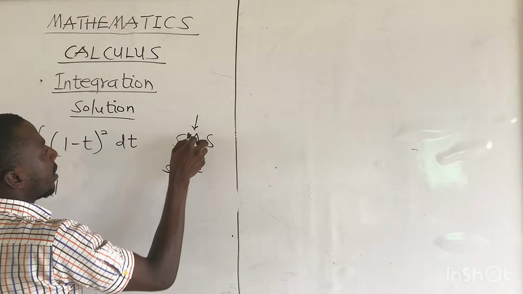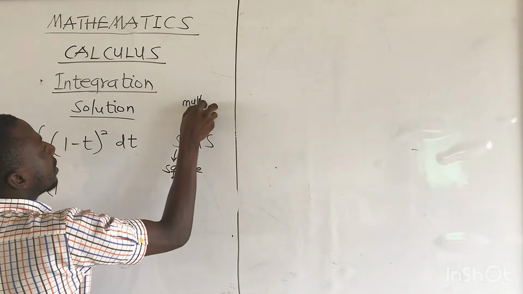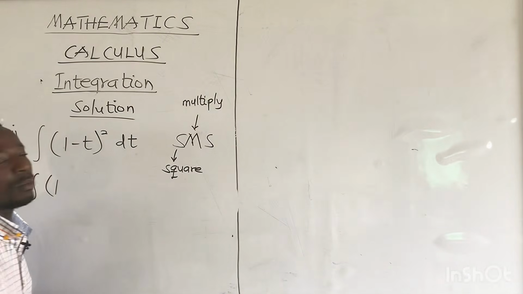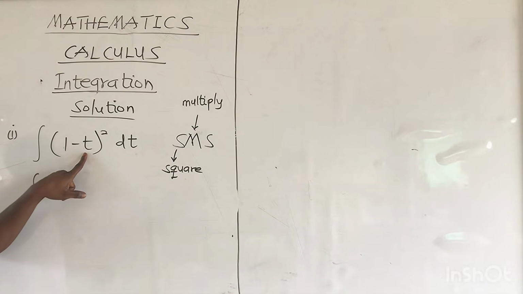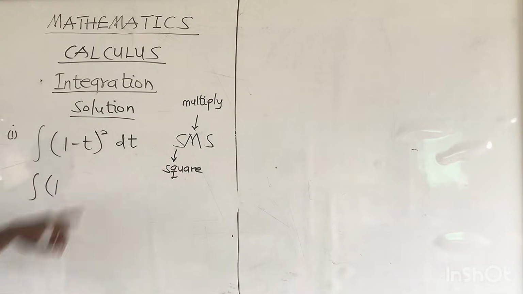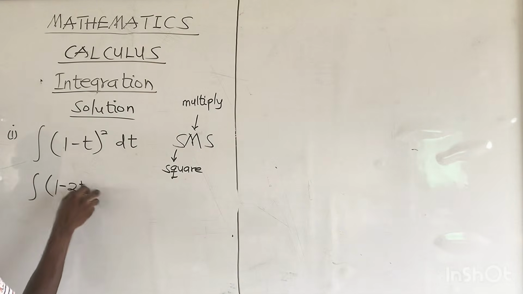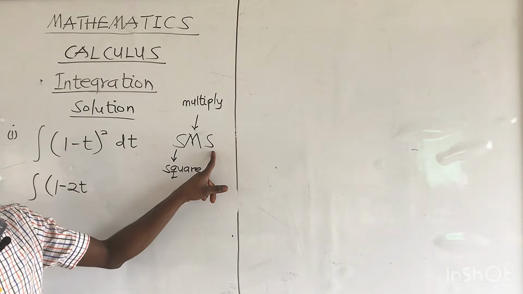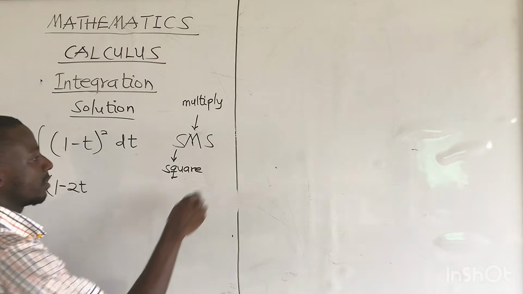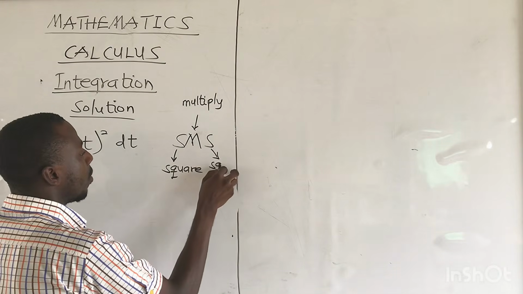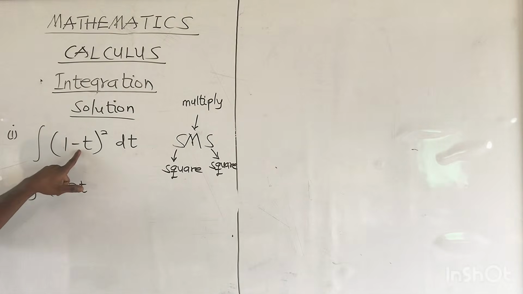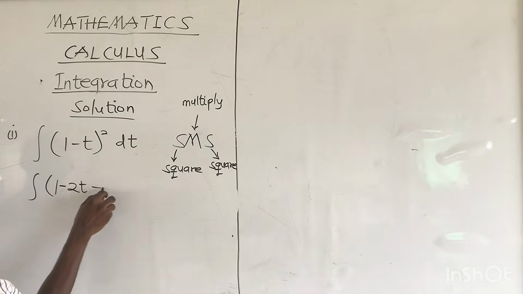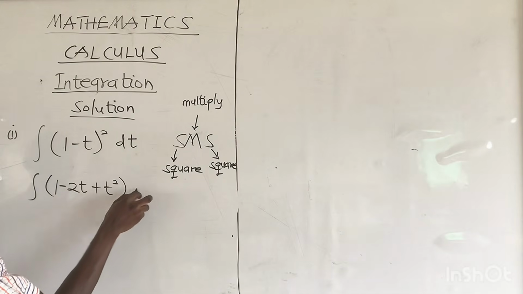Then the M here, we call it multiply. So with the multiplication, we are going to multiply 1 by the negative t, which is minus t, times 2. So we have minus 2t. Then the last S we have here is also square. So over here, we are going to square the last term. So when I square minus t, I'll get positive t squared dt.